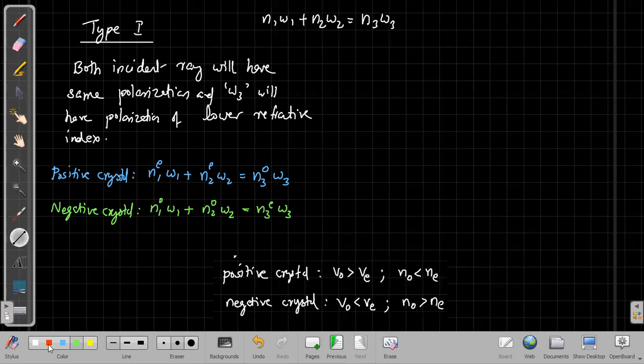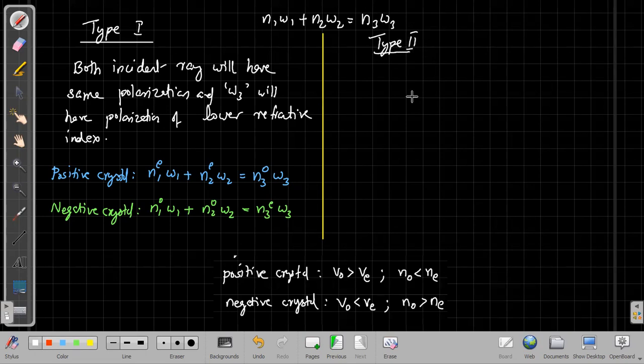Now we can discuss type 2 phase matching.